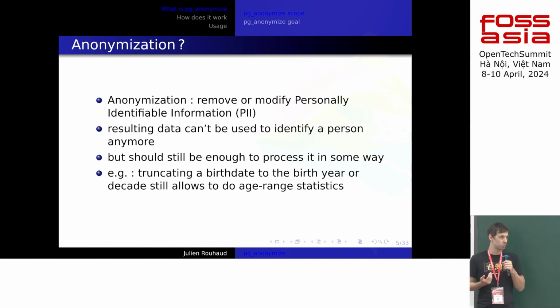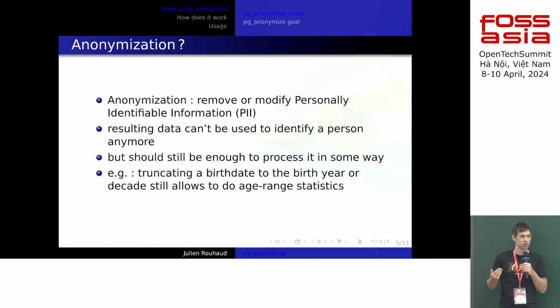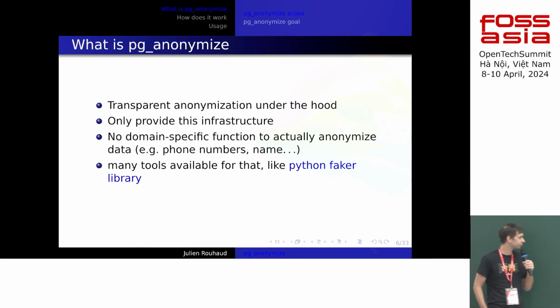As an example, if you can identify someone by their birth date, you can truncate the date to the birth year or the birth decade. And when you do that, you can still do some statistics, say on people from 18 to 25 years old, but that's not enough information to identify someone. So that's what anonymization is supposed to be used for.